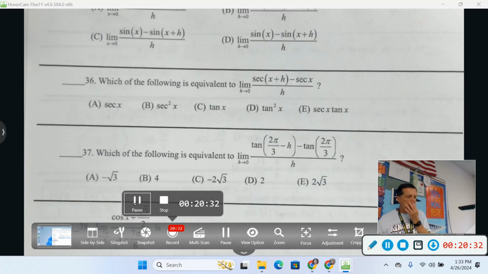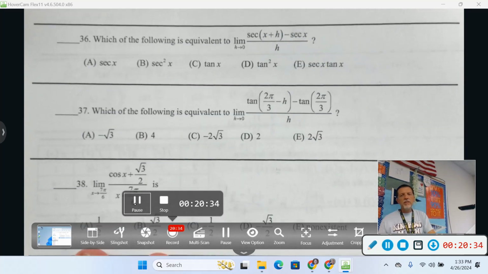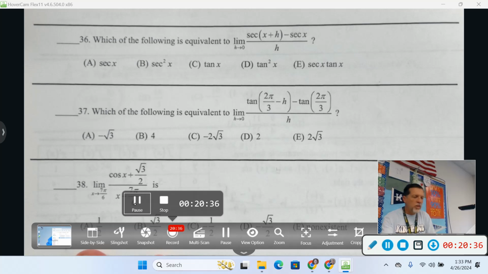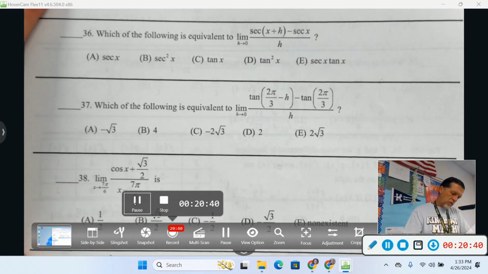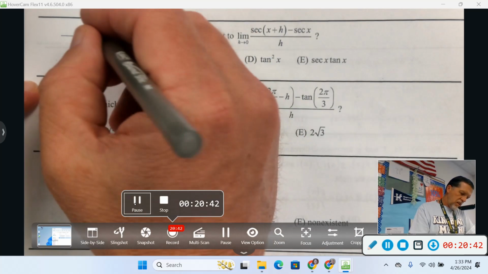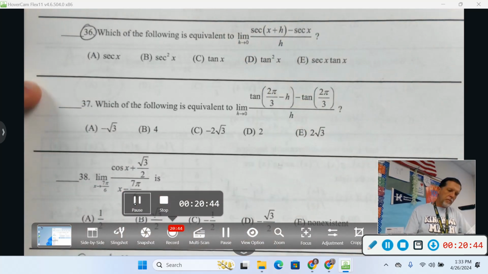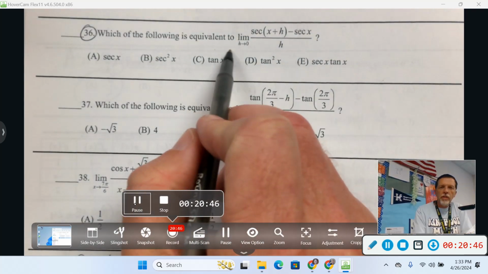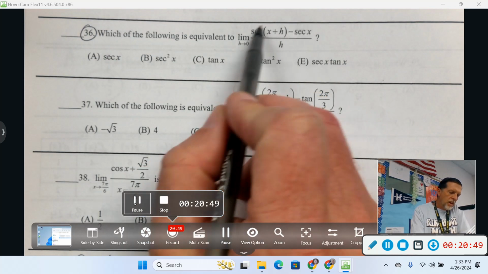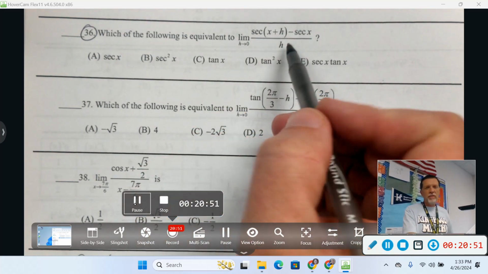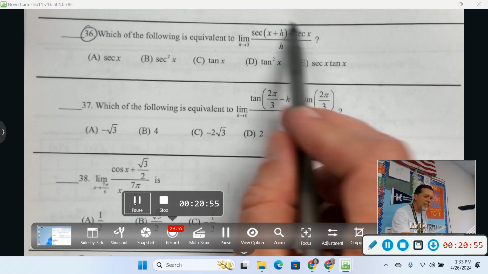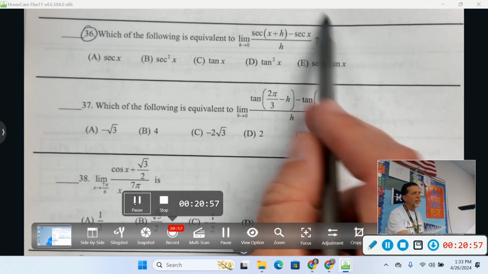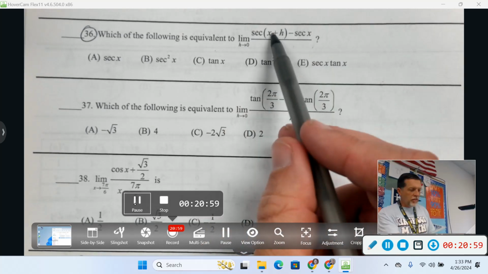Okay, this is maybe the hardest set of, or the most confusing chunk of the problems, like 35 through 39. So we'll at least hit 2 of them. Which of the following is equivalent to? Okay, so this looks like a limit problem, but it's not really a limit problem, because what is this? That's the derivative of secant.